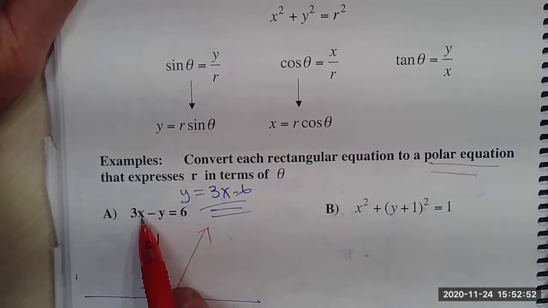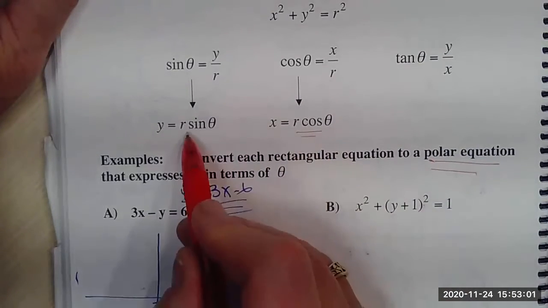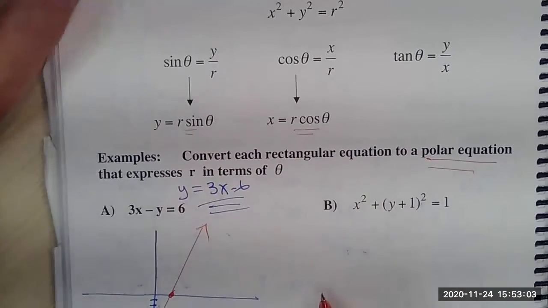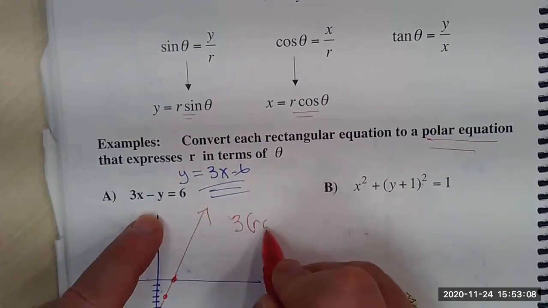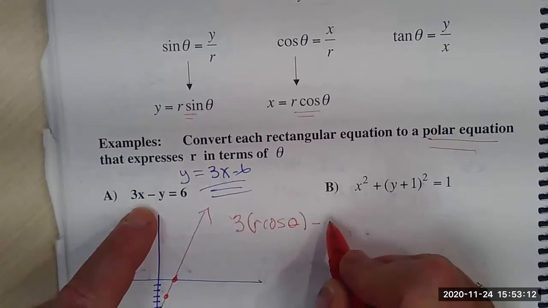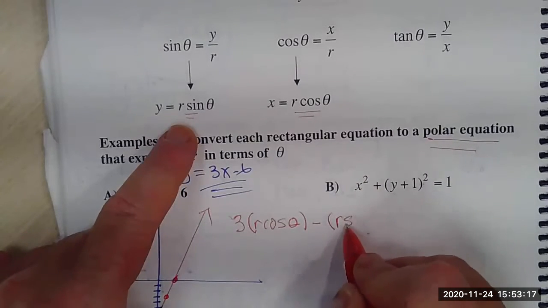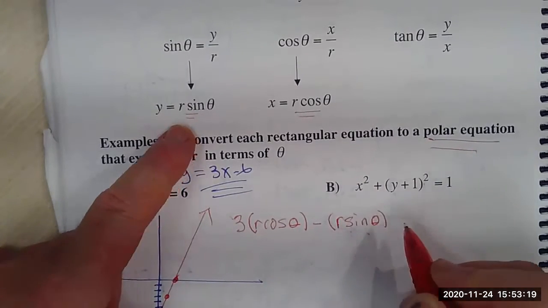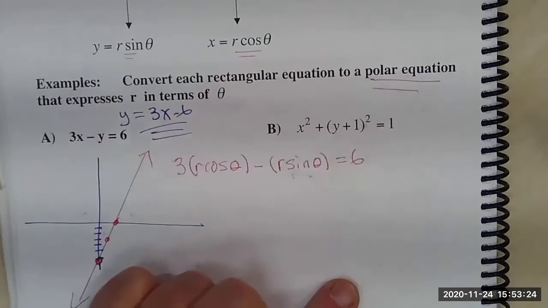If x equals r cosine theta, just make a pure substitution. So make a pure substitution right here for both of these. If I look at this, that would be 3 times r cosine theta subtract, and then the y is r sine theta, and that equals 6.